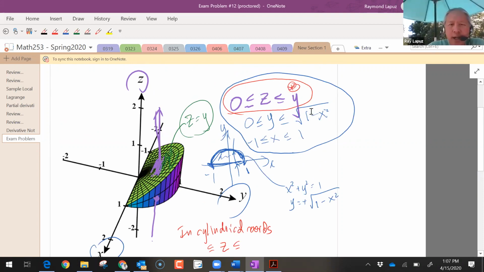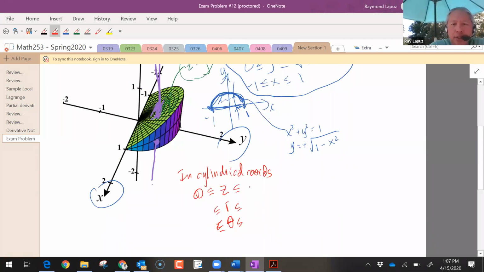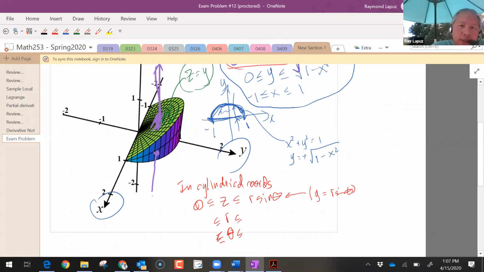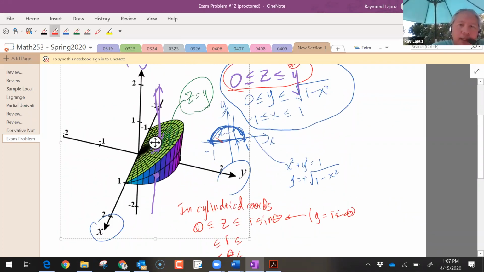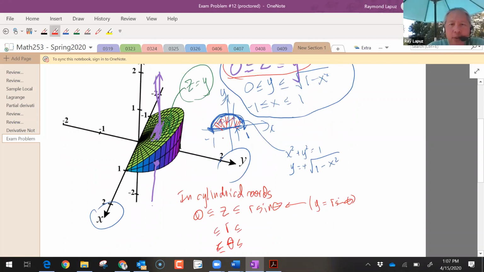So this is still 0, but instead of a y, you're going to say r sine theta, because y equals r sine theta. Then you look back at the picture, the shadow that you have on the xy plane, and express that in polar coordinates.